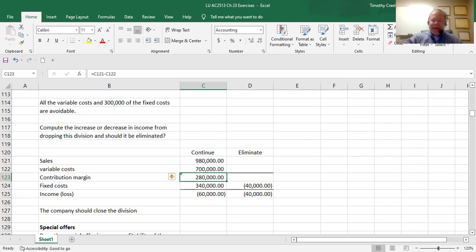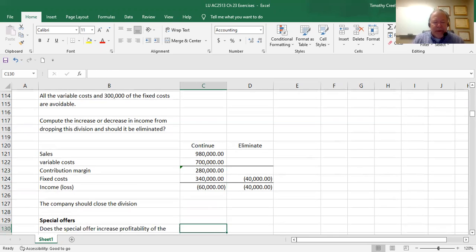If Walmart closed it because they're not making much money, would they lose other business because of the customers that had to walk all the way to the back, saw other things they wanted, and bought them while they were looking for golf balls or tennis balls back in sporting goods? So these are some of the other qualitative, or non-numbers, aspects that companies have to consider when they think about closing a segment or a part of their business.